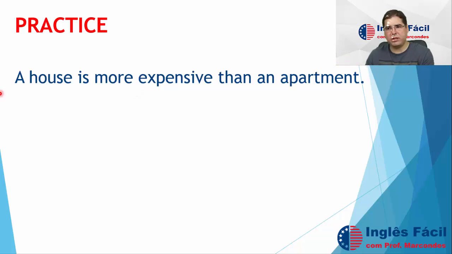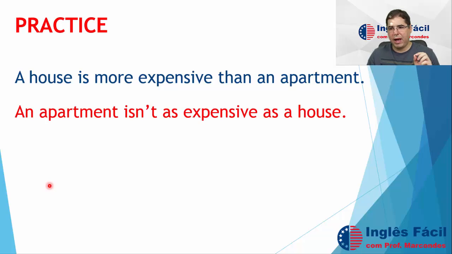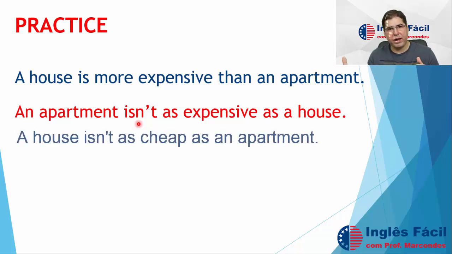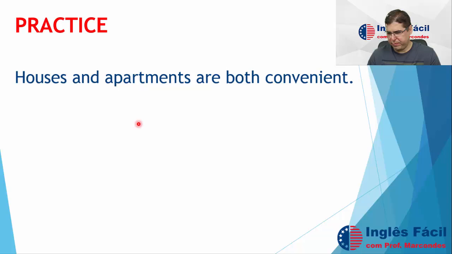So how can I do that using as? It must be now in the negative, remember? An apartment isn't as expensive as a house. An apartment isn't as expensive as a house, okay? So we just have to be in the negative because they are not equal. They are not the same. They are different. So an apartment isn't as expensive as a house, or a house isn't as cheap as an apartment, okay? Both possible here.